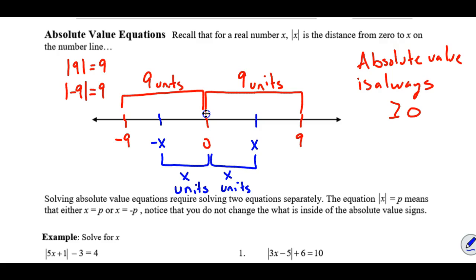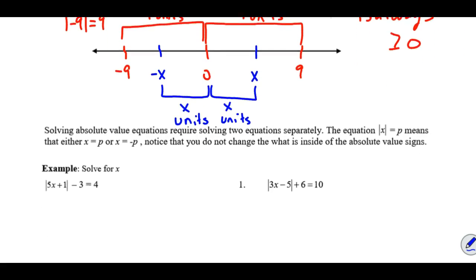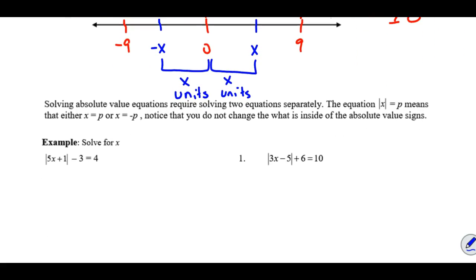And then we can use that to understand absolute value equations. So you can read the equation, the absolute value of x equals p, as meaning either x equals p or x equals negative p.